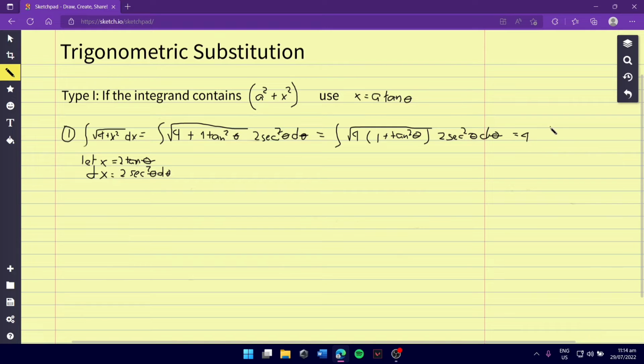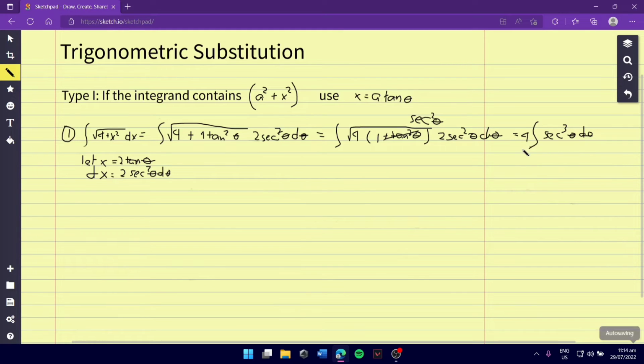And then 1 plus tangent squared is equal to secant squared theta. The square root of secant squared theta is secant, so we have here 4 secant cube theta d theta.